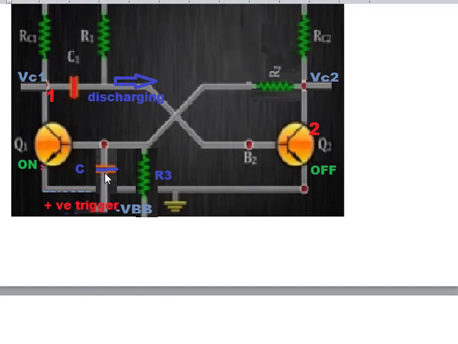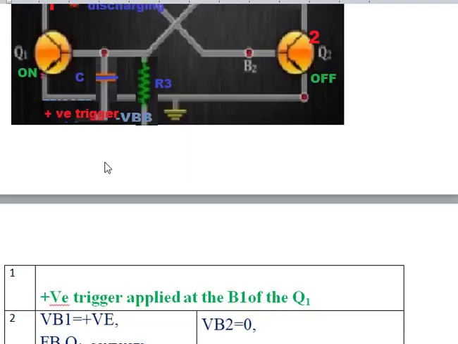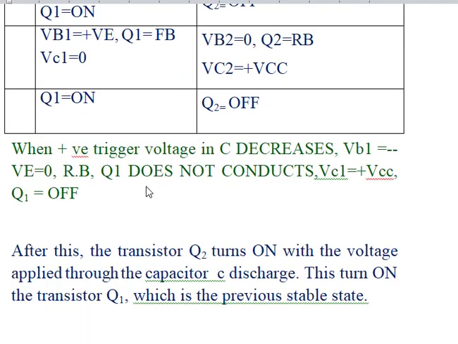When it starts to discharge, the positive voltage value starts to decrease. So the positive trigger voltage decreases, the base 1 voltage of the first transistor Q1 is negative, and then it becomes 0. When it's 0, the transistor Q1 is reverse bias, so it does not conduct.